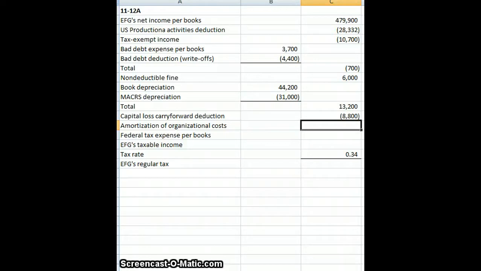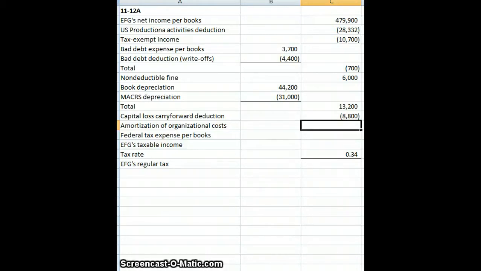Amortization of organizational cost. In the first year, EFG capitalized $6,900 of organizational cost for tax purposes and elected to amortize it over 180 months. For book purposes, it expensed the cost, so it would have been expensed last year. So we are going to have a reduction of income.